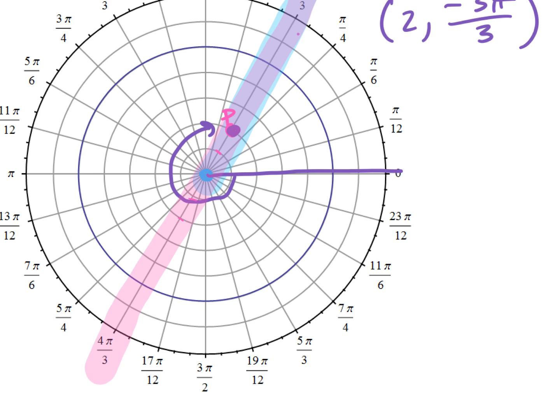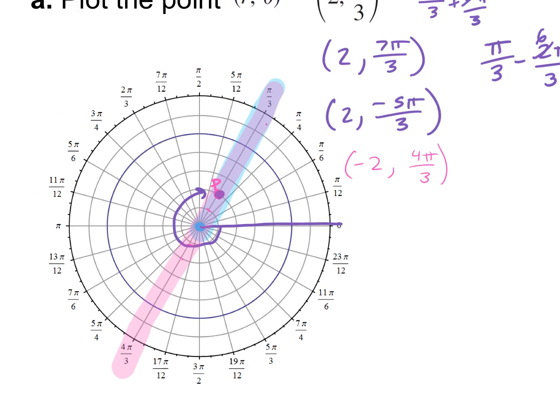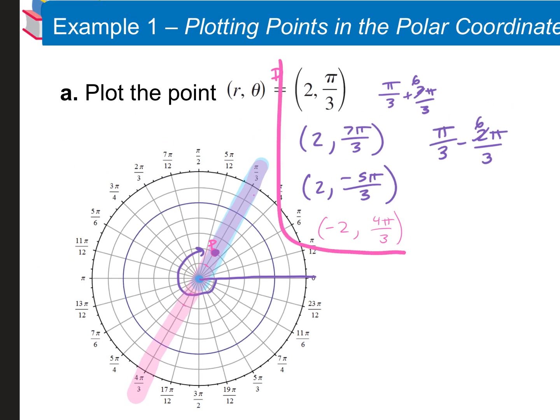So if we had 4 pi over 3 and 2 as our polar coordinates, instead of going positive 2 this way, we would say negative 2 to go in the opposite direction. So another point that is the same thing would be negative 2 comma 4 pi over 3. So all 4 of these are actually the same point.